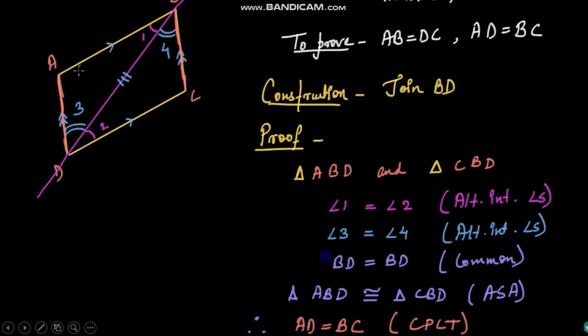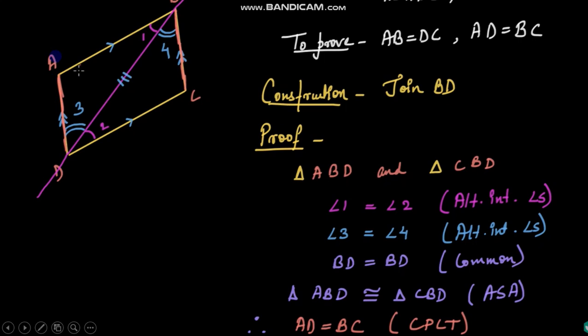Then we can easily say triangle ABD is congruent to triangle CBD by the angle side angle congruence rule.